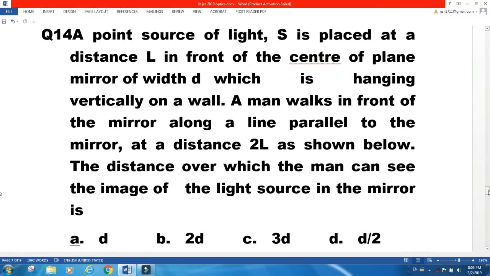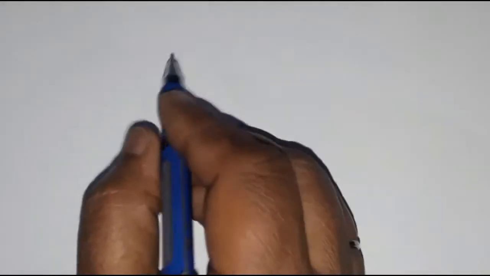Next question is, a point source of light S is placed at a distance L in front of the center of a plane mirror of width D, which is hanging vertically on a wall. A man walks in front of the mirror along a line parallel to the mirror at a distance 2L as shown below. Find the distance over which the man can see the image. So the question is like this.